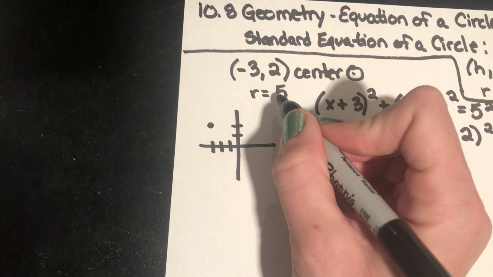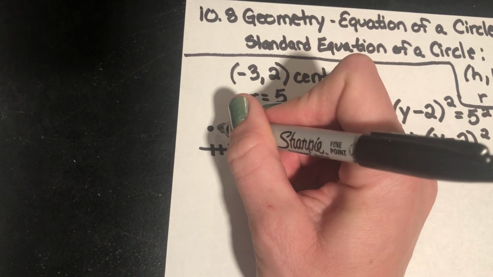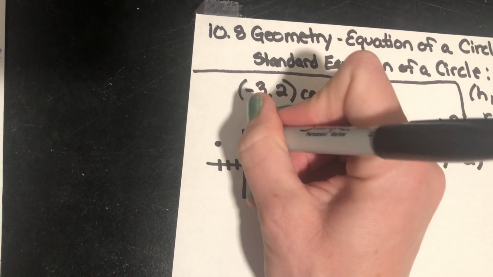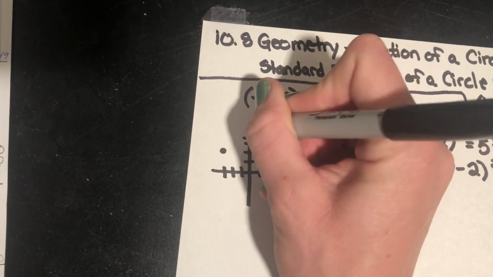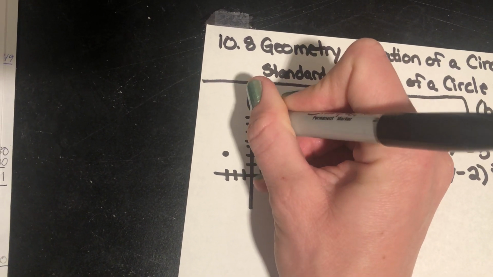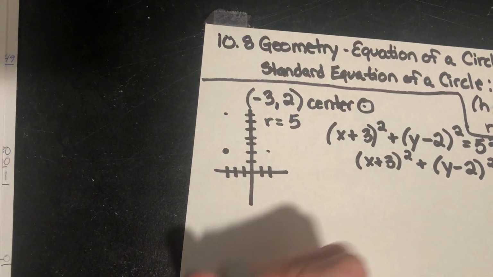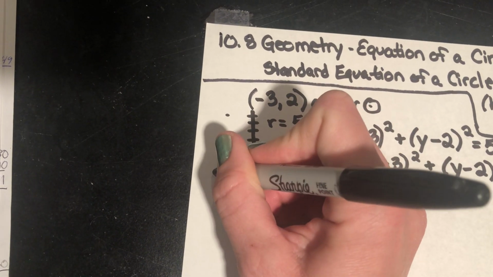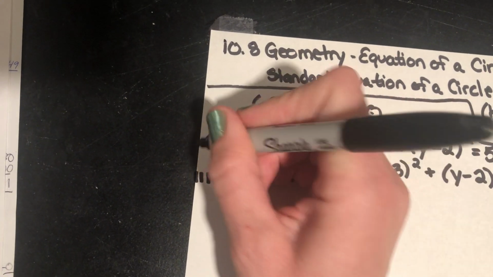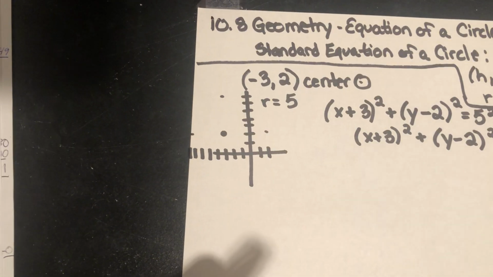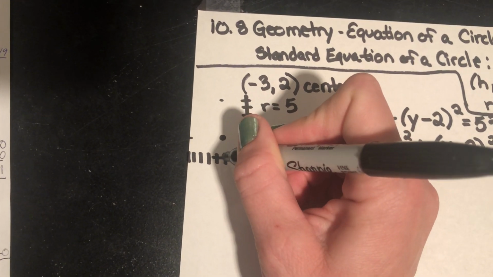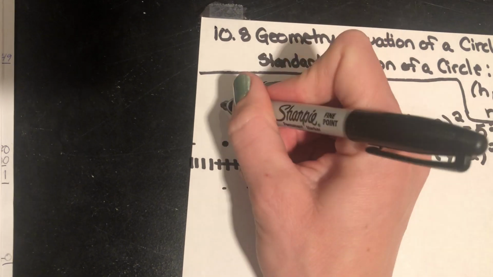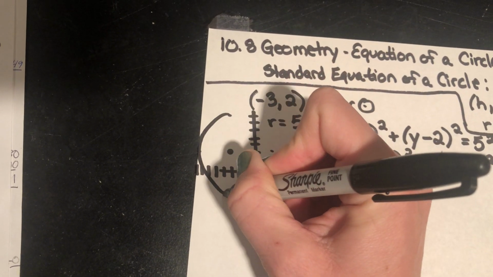Our radius is 5, so we count 5 to the right, 5 up, 5 to the left, and 5 down, and connect all of those.